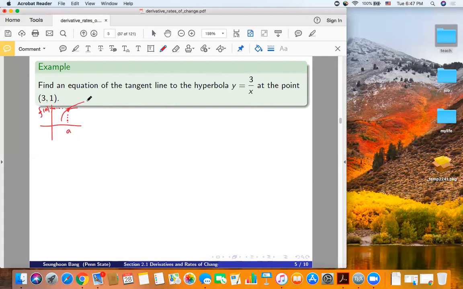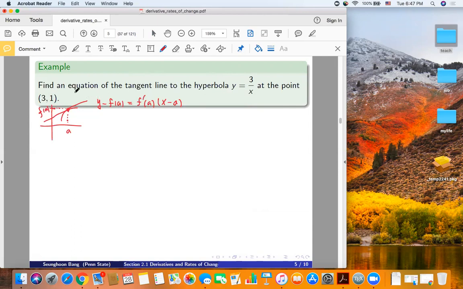I can draw the tangent line. What's the equation of a tangent line? I want to use the point-slope form. So we have y minus f of A equals the slope of the tangent line, f prime of A, times x minus A. That's it. I can use this equation.